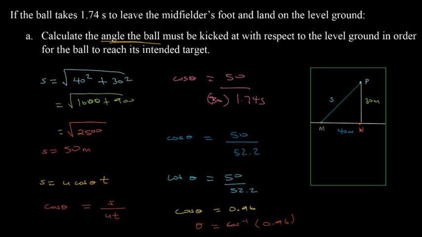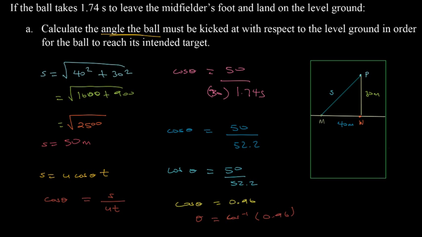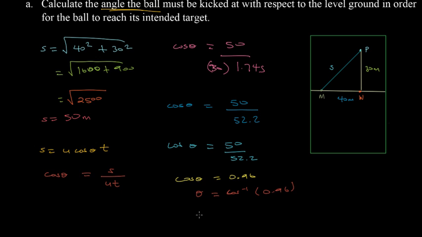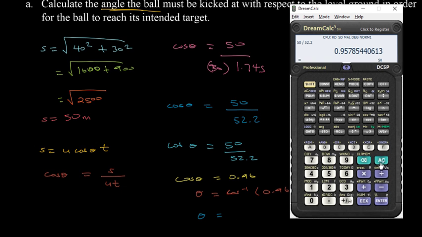Taking the calculator, we say shift cos 0.96, and we get a value of 16.3 degrees, or in other words, roughly 16 degrees. So the angle that the ball must be kicked at with respect to the ground will be 16 degrees.